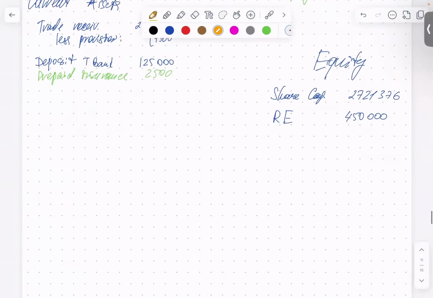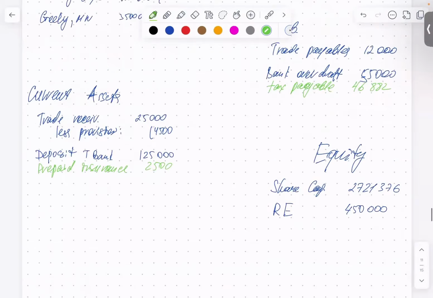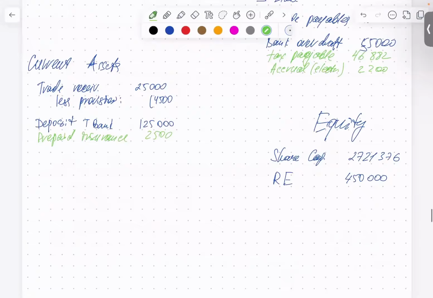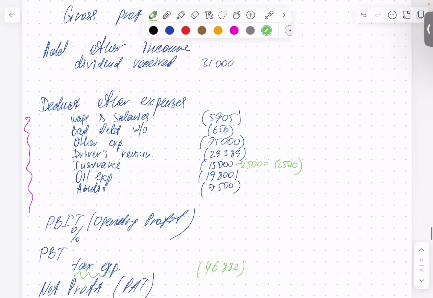Again, we can just correct our statements. In liabilities, we're gonna have accrual electricity, 2,200. In expenses, we have to add 2,200 to our electricity expense.